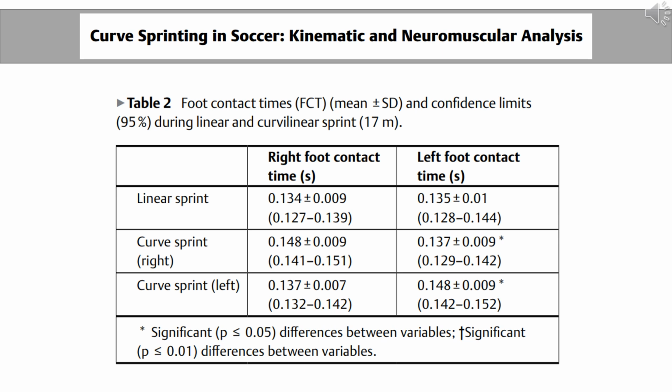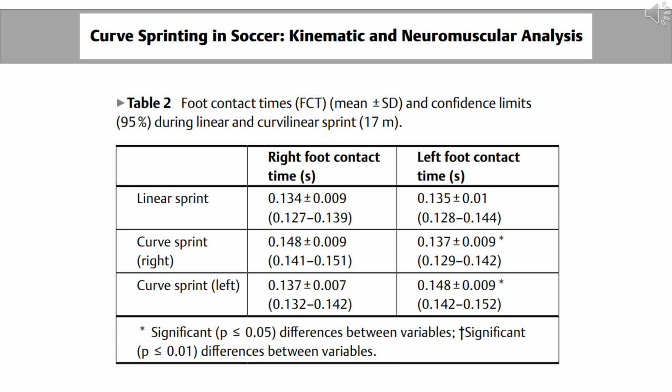And when we relate that to curve sprinting, either to the right or to the left, we see a real marked difference between limbs here. You can see that if I curve sprint to the right, my right foot, which serves as my inside leg, spends much, much longer on the floor relative to the outside leg.